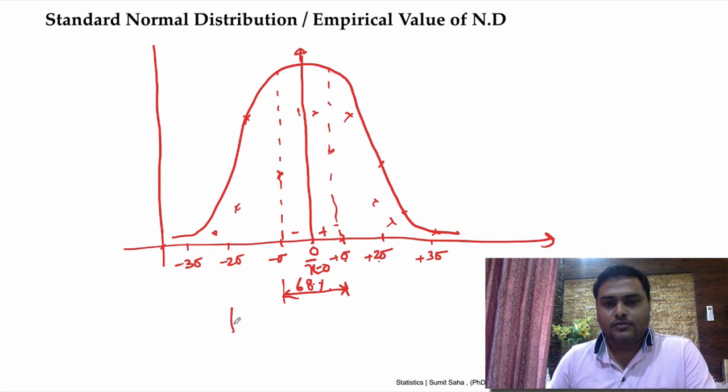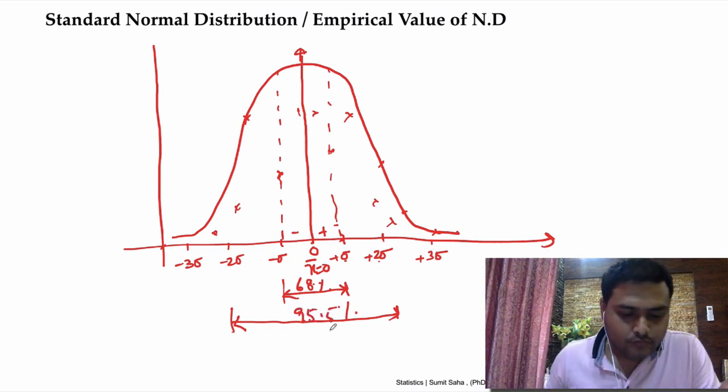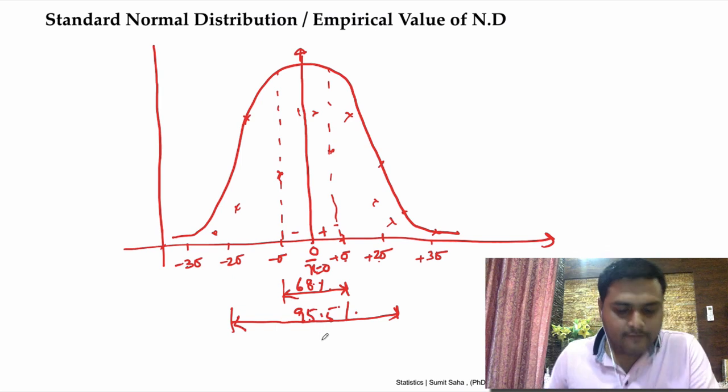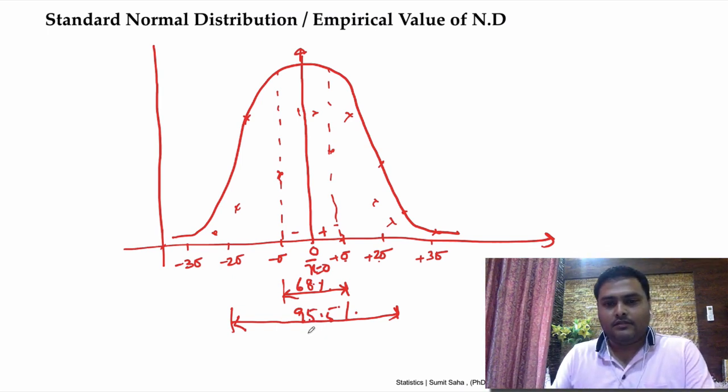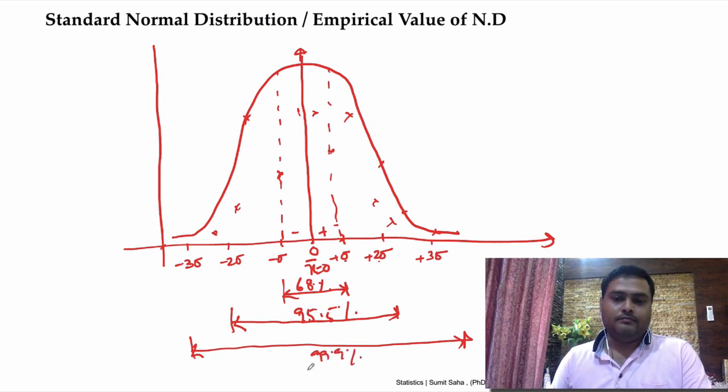Between minus 2 sigma and plus 2 sigma, almost 95.5% will fall, and between minus 3 sigma and plus 3 sigma, almost 99.9% of the data will fall.